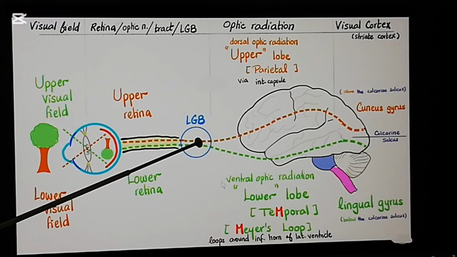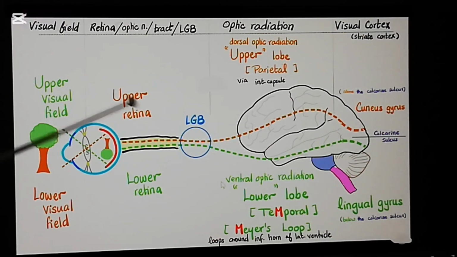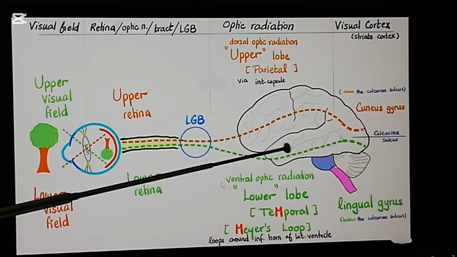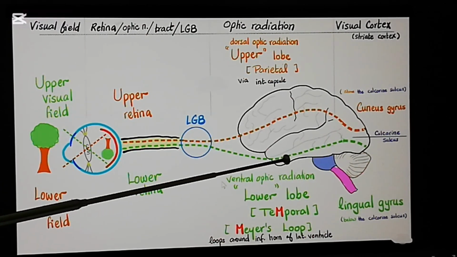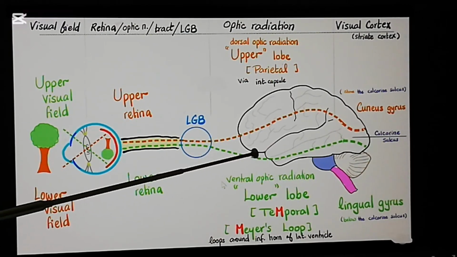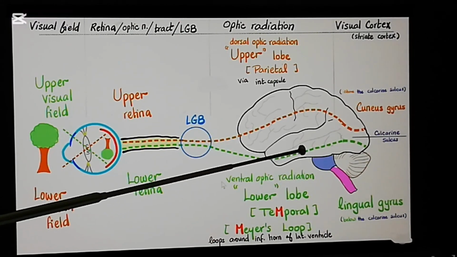Now what happens to these upper fibers? They will be going towards the temporal lobe, right? And in this way, they are making a Meyer's loop because they have to travel a longer course and they become the ventral optic radiations.